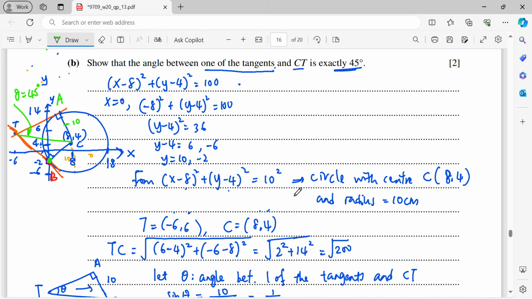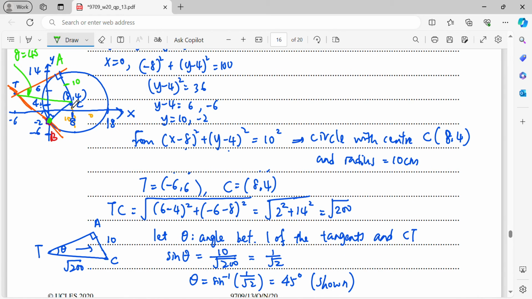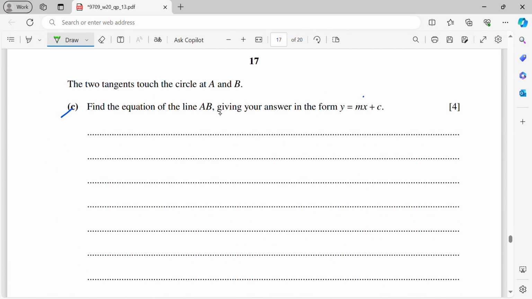So from here, I will just draw this quadrilateral.